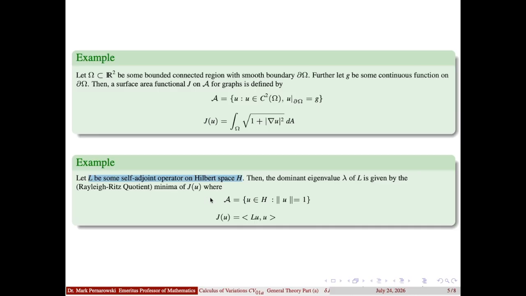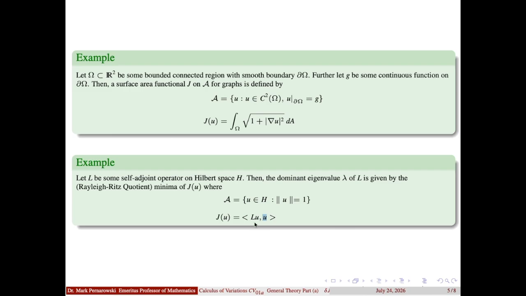But basically it goes like this. That dominant eigenvalue will equal the minima of J of U, if J of U is defined to be the operator acting on U, inner product U. So this quantity here will be real because L is self-adjoint.